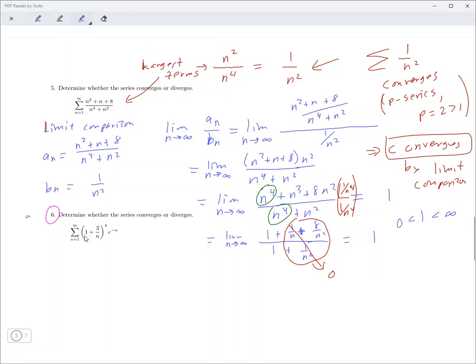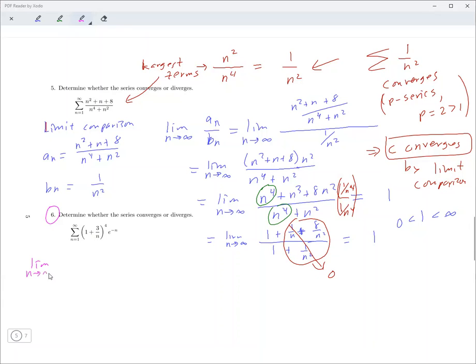Okay, so number 6. Here we have, so this part right here looks kind of like what I showed you at the beginning of class, except there's no n right here.